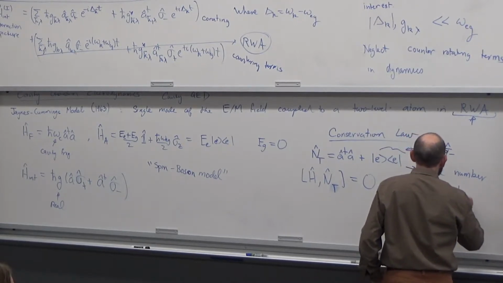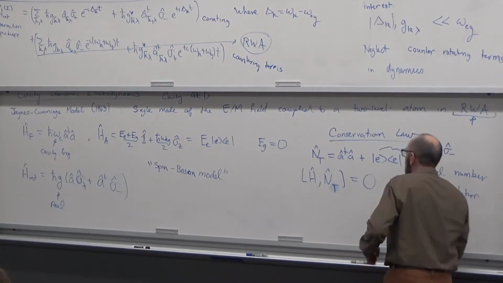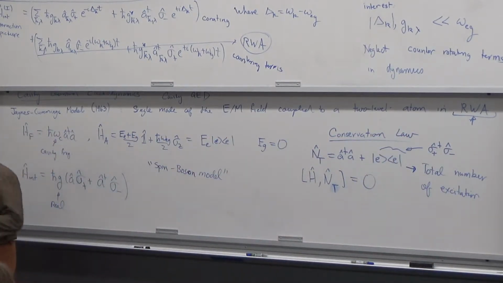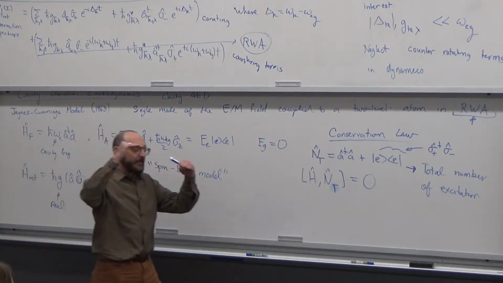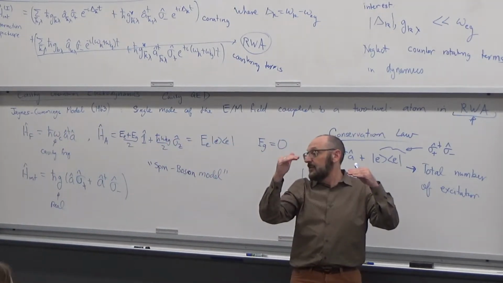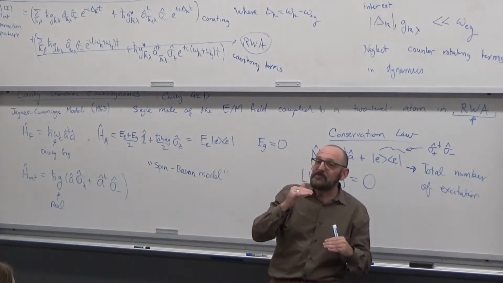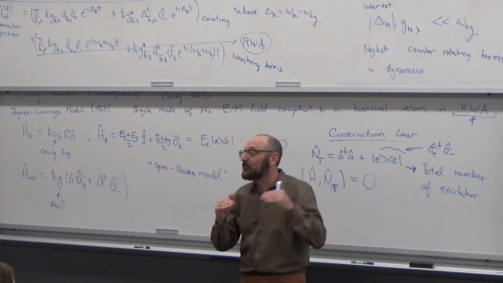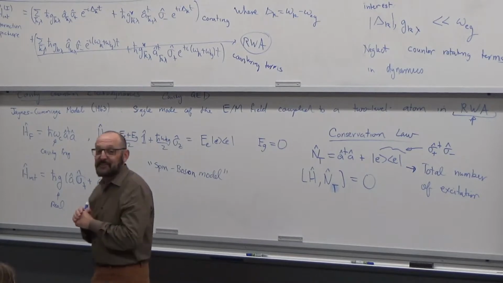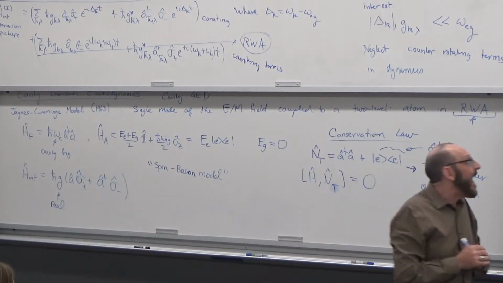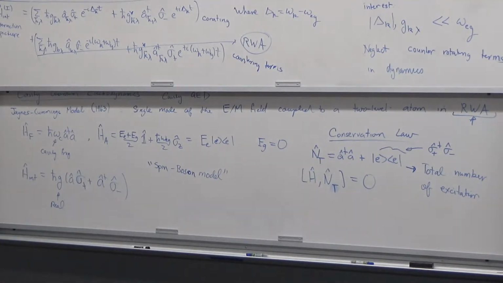So if I have, say, for example, n photons and the atom in the excited state, well, I could also have n minus 1 photons, or n plus 1 photons in the atoms in the ground state, right? And that's all I can have. So what I need to say by that is the following.